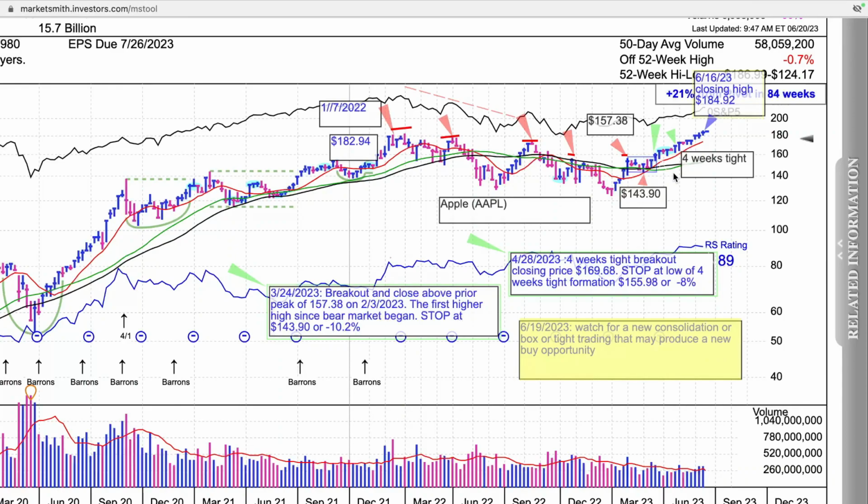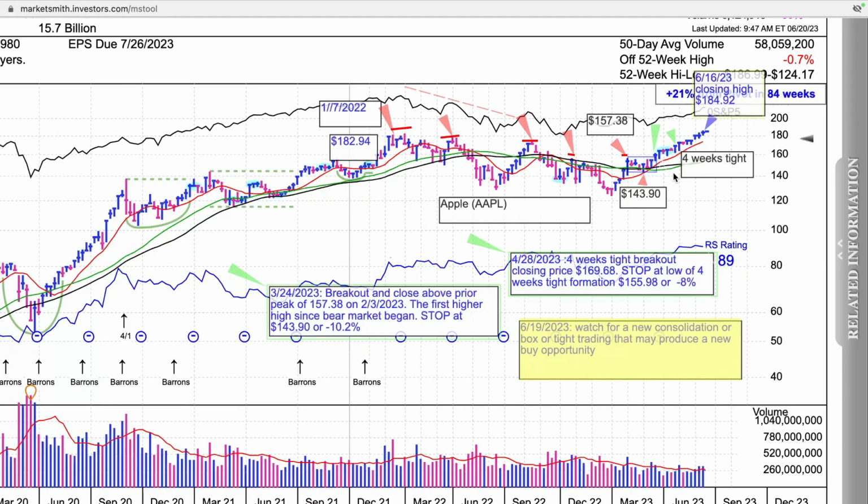But Apple has offered 2 legitimate buying opportunities with 2 legitimate stop areas that have offered investors a unique opportunity to potentially ride a new trend.